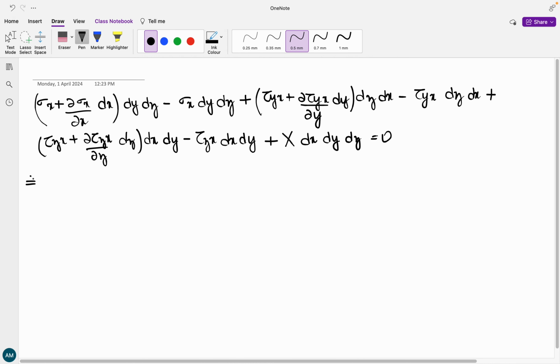Now, let us simplify it. Okay, I'm going to just multiply them, open the brackets.